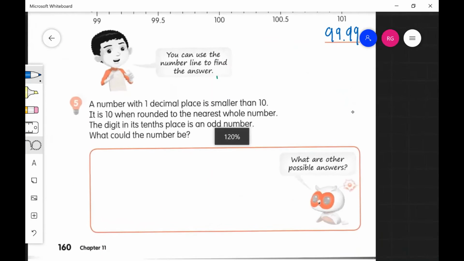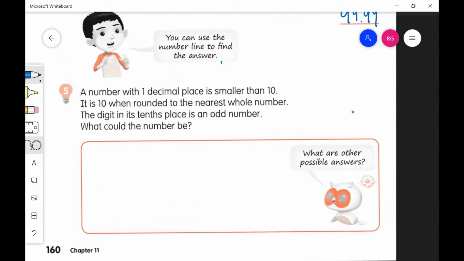Okay, last one here, guys. It says a number with 1 decimal place is smaller than 10. It is 10 when rounded to the nearest whole number. The digit in its 10th place is an odd number. What could the number be? Actually, it could be several, right? So a number with 1 decimal place, so really it's going to be blank dot blank.